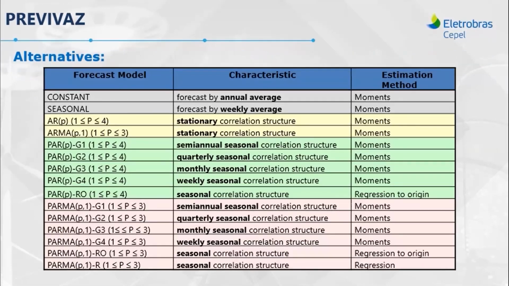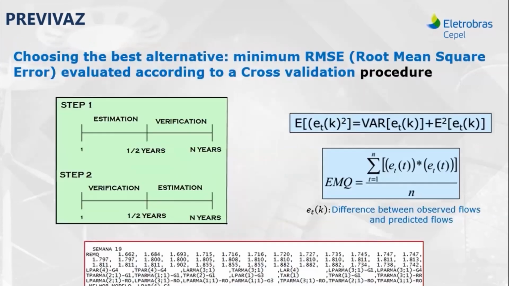This table summarizes our set of alternatives as we saw before. We test all of these models and we choose the best for each week. This is how the Previse selects the best model for each week. The model uses a cross-validation procedure. First the model estimates the parameters based on the first half of the dataset and calculates the error using the second half of the dataset.